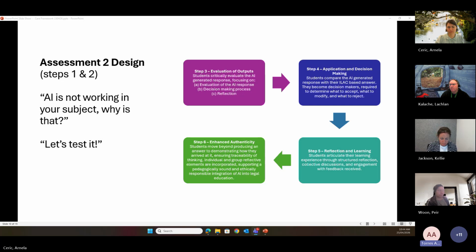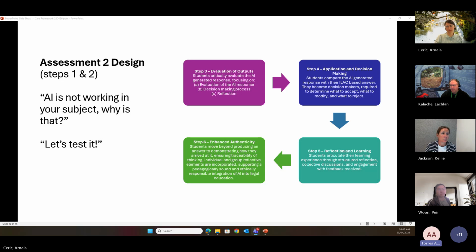And most importantly, they were encouraged to apply what they learned to future assessments, including assessment 3 and the final examination. So reflection and feedback were not treated like the end point of the learning process. They were like a bridge to more advanced legal reasoning or more critical engagement with the subject and with the AI tools.